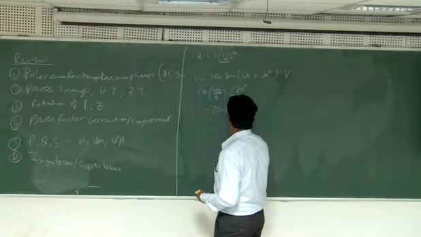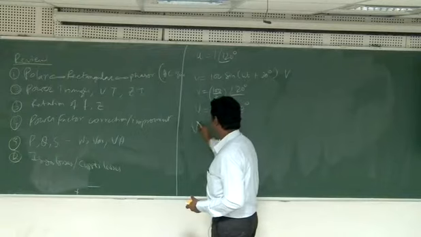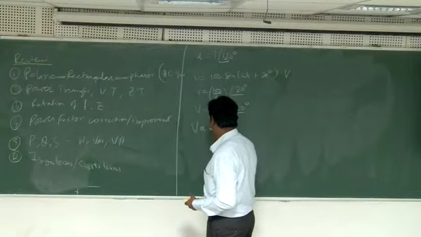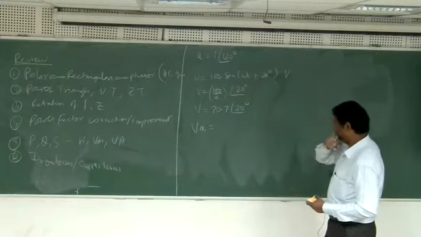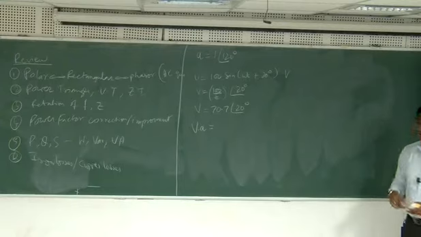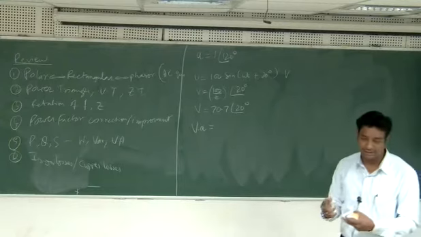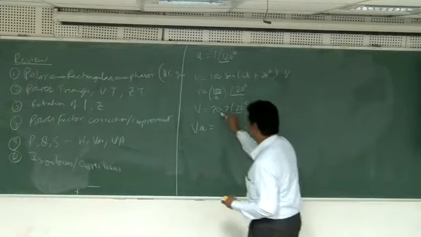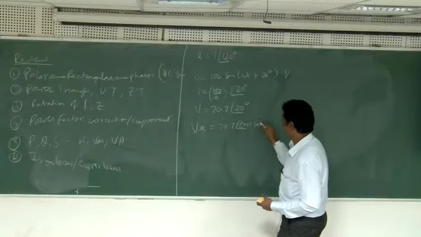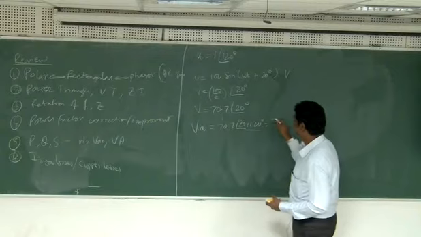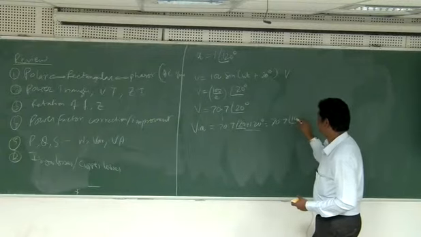So this is my V. Now what is V into A? Because the magnitude of A is 1, anything multiplied with A keeps its value, so it is 70.7, and the angle will be 20 plus 120, so 70.7 angle 140 degrees.